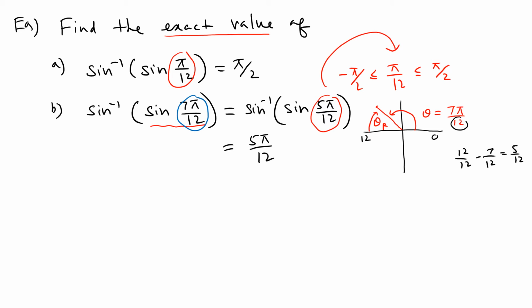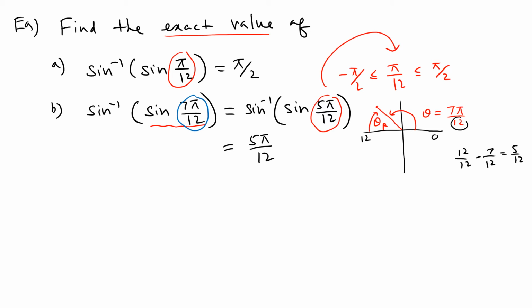Since the denominator is 12, we write multiples of 12, that's 0 and 12. So 12 over 12 minus 7 over 12 is 5 over 12, meaning the angle is 5 pi over 12. The reference angle is always between 0 and pi over 2, so it works nicely with the inverse function property, and you get the answer 5 pi over 12.